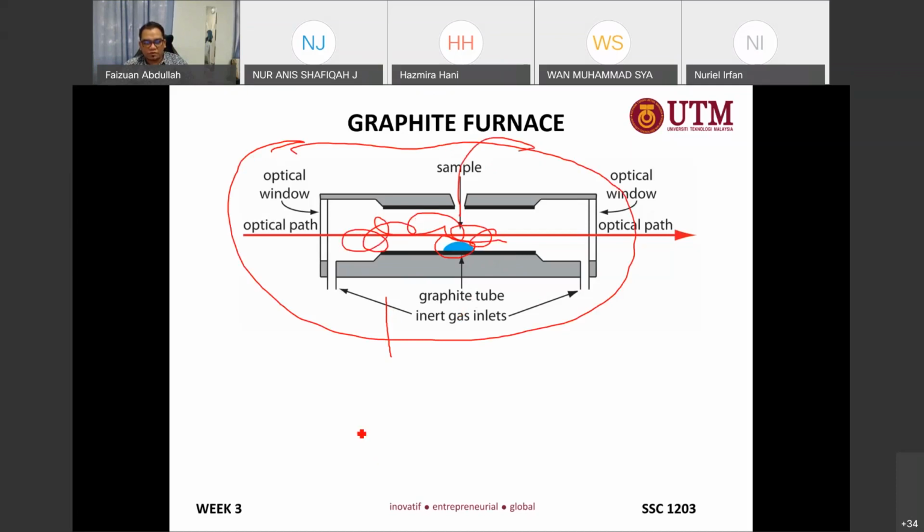If we use a normal flame, some of the elements that easily evaporate will come out from the flame.